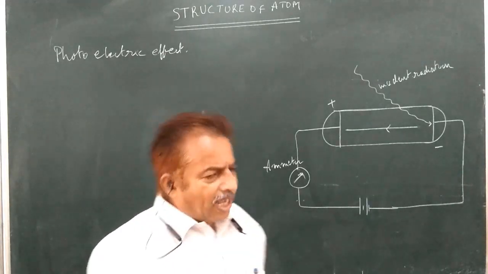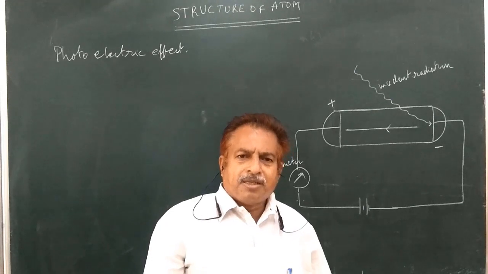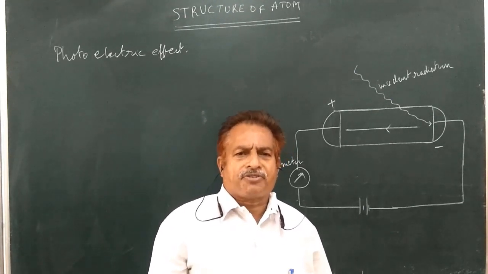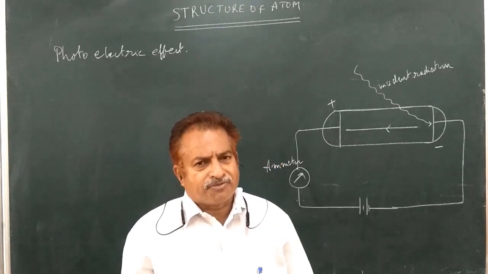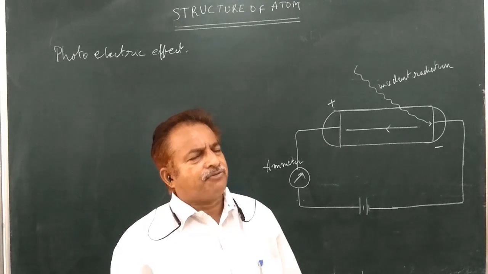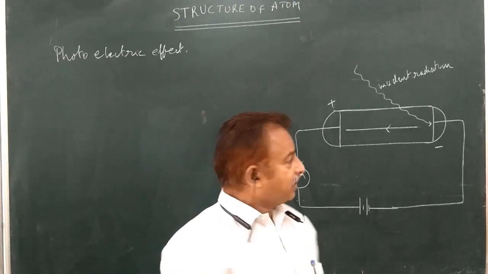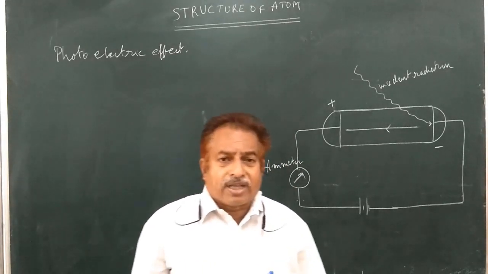So, as radiation falls on the metal surface, ejection of electrons takes place. Therefore, the phenomenon of ejection of electrons from a metal surface soon after the incident radiation falls on it is known as the photoelectric effect. Such electrons are called photoelectrons.